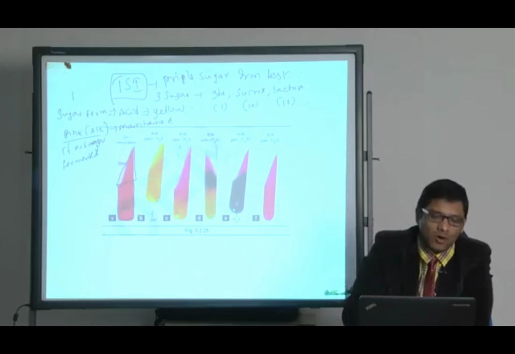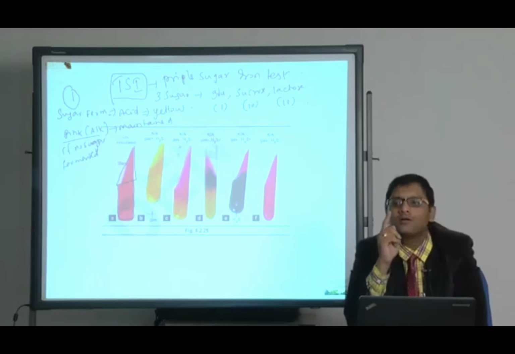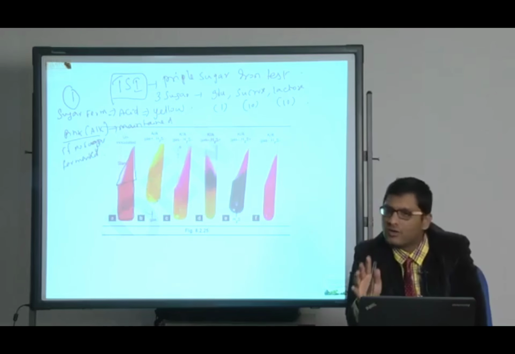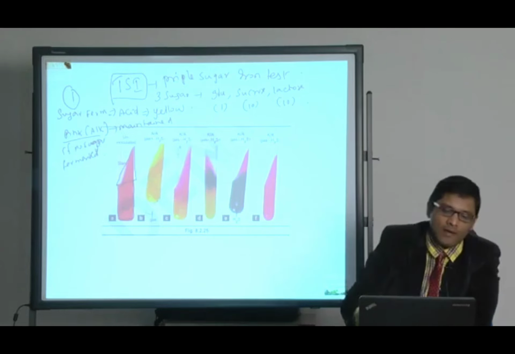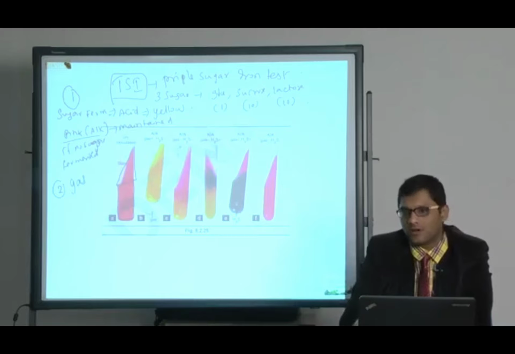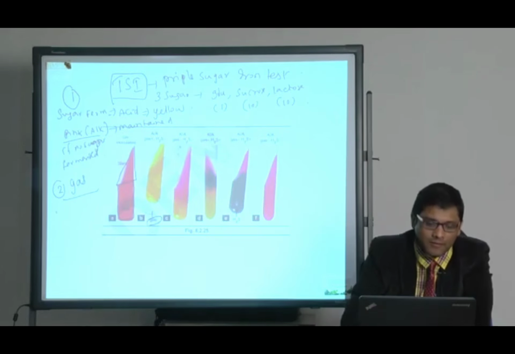So, one property you want to test here is whether the organism is fermenting sugars or not. If fermenting sugars, whether all 3 sugars are fermented or only glucose is fermented. Second property: is gas producing or not. If the organism is producing gas, then the medium will be lifted, or maybe the medium will be broken into pieces.